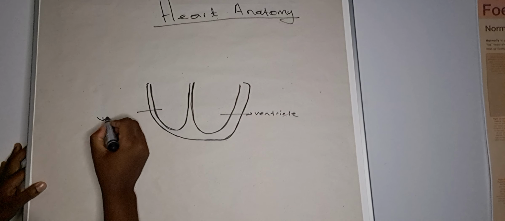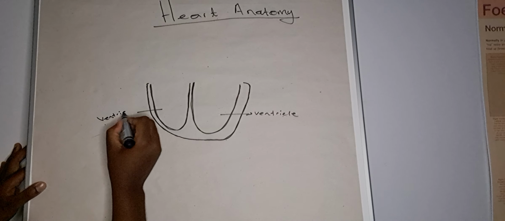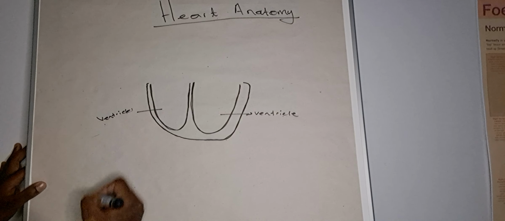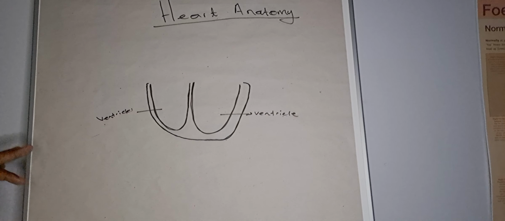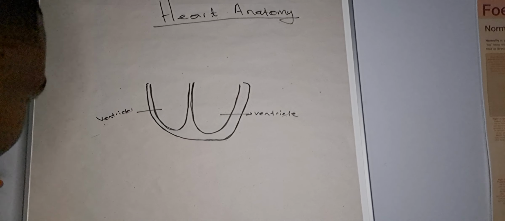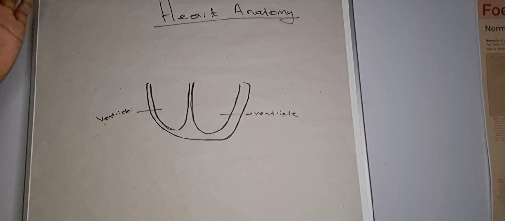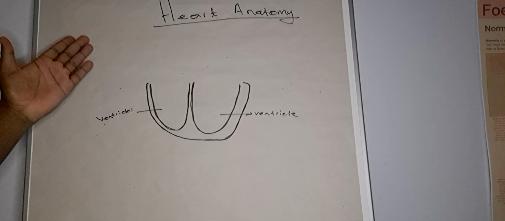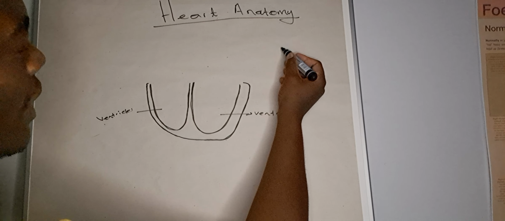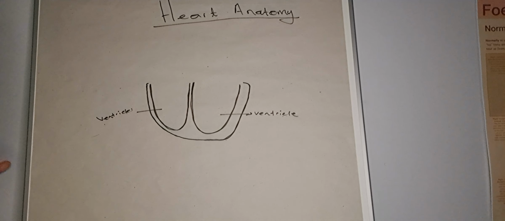Let me just draw all of them. Now, what is the difference between these ventricles? There is no difference. It's only that this one will be your right ventricle, this one will be your left ventricle. Because remember, when you speak about the heart, you speak about someone's heart.